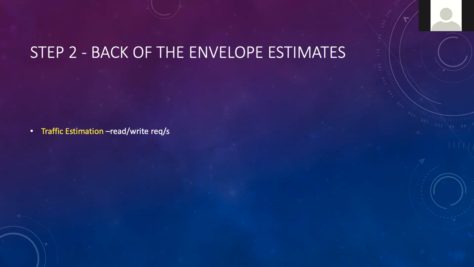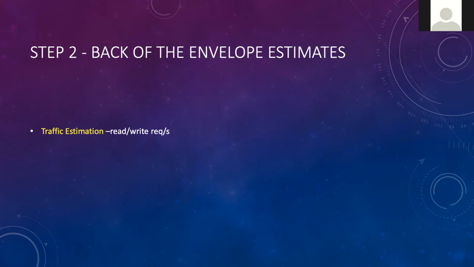And the traffic estimation really comes down from your number of users, who are the daily active users of the system. That will help you do the actual traffic estimation in terms of requests per second. So you can do the back of the envelope estimate based on the number of users.